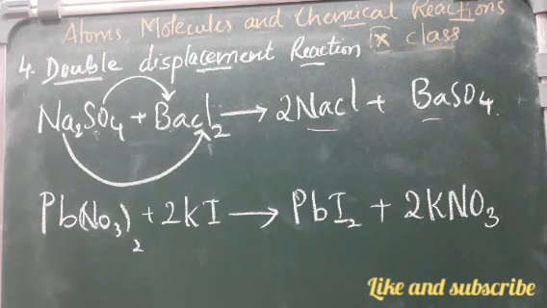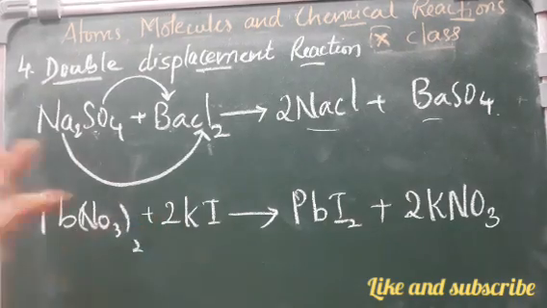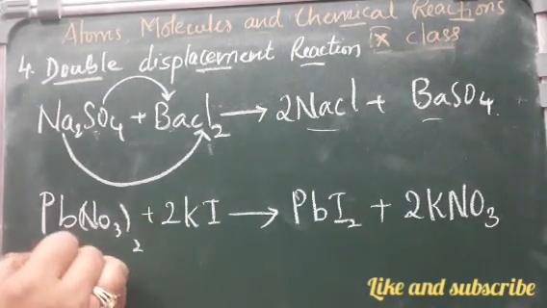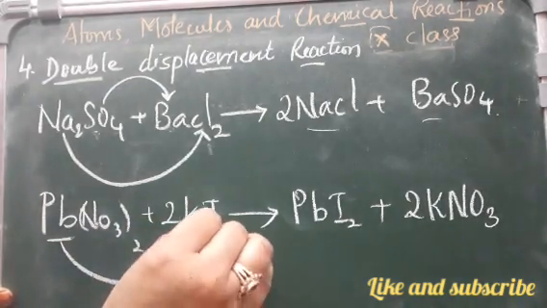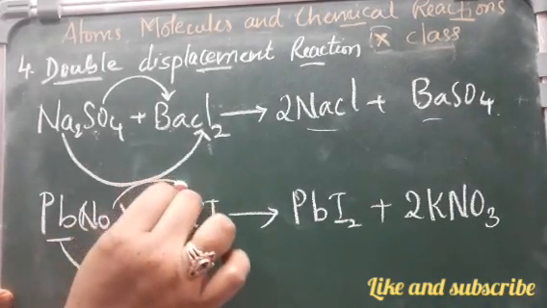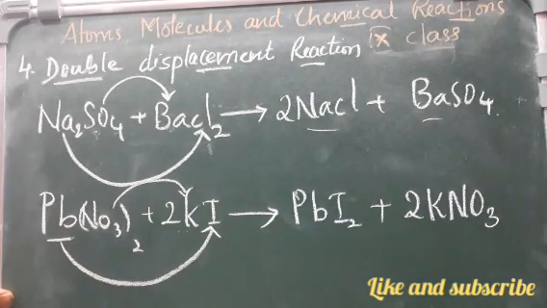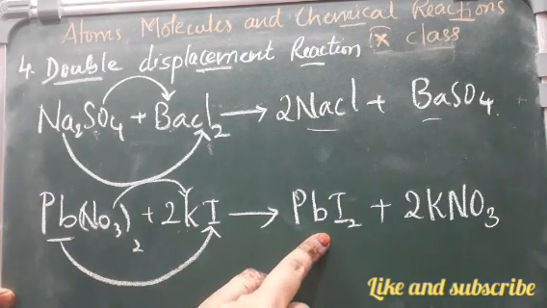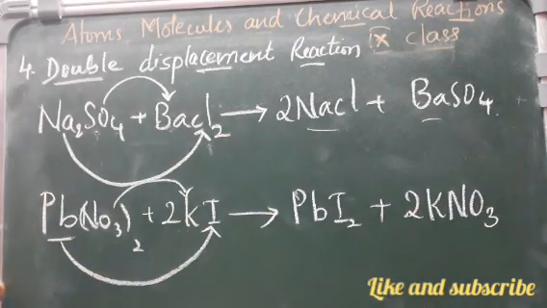You can see that there is a double displacement: the lead is displaced with potassium, and the nitrate is displaced with iodide. So it is forming lead iodide and potassium nitrate solution, with a precipitate which is insoluble in water. This is nothing but a double displacement reaction.